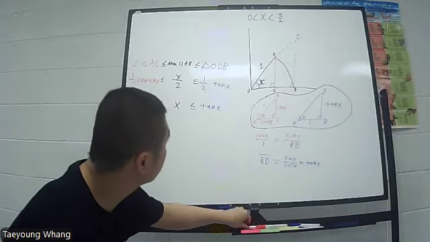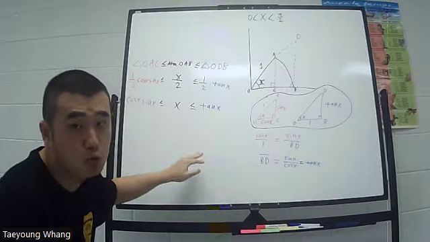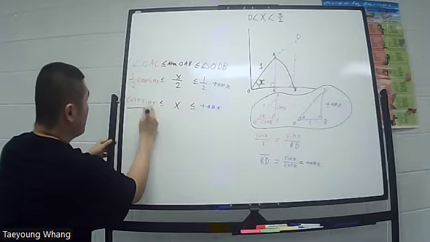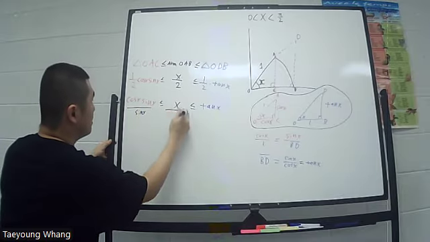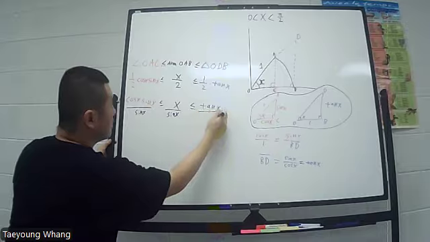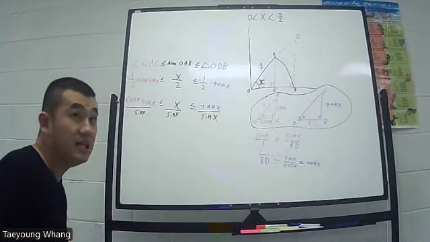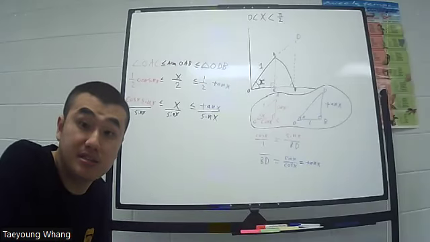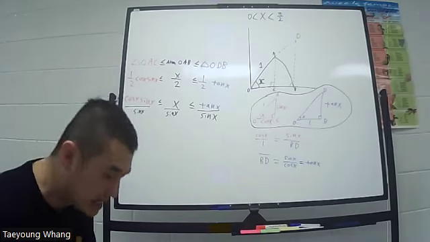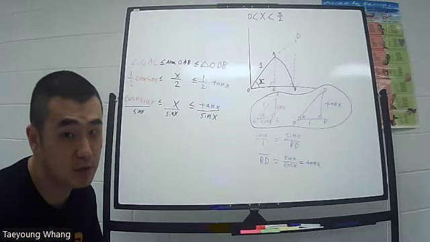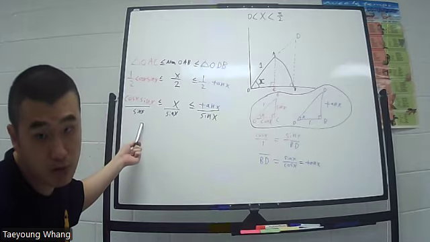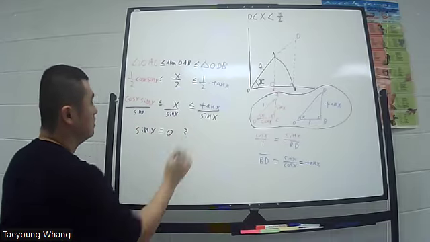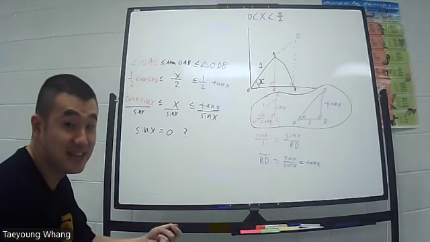Now look at what I'm going to do. Here, I'm going to divide all my inequality by sine x. Like this. Is this possible? Because sometimes there should be an x value where it makes sine x equal 0, and if sine x equals 0, I cannot divide by sine x.